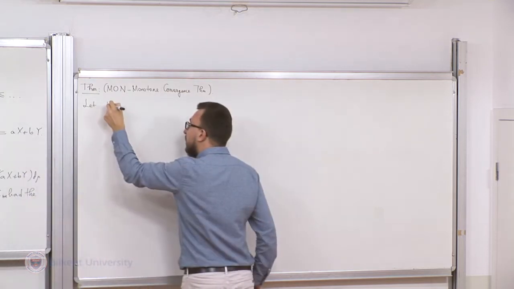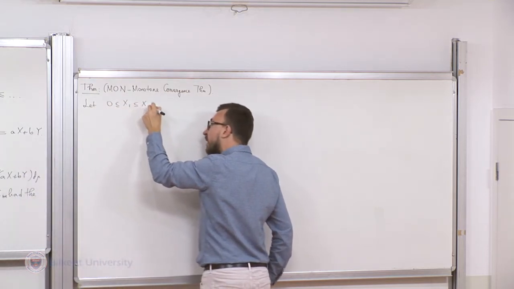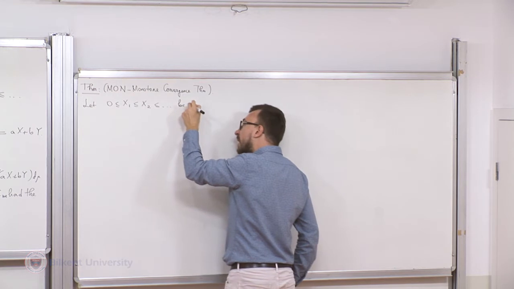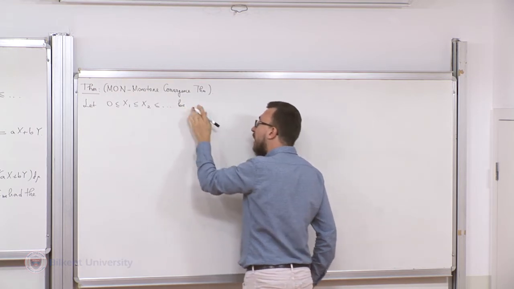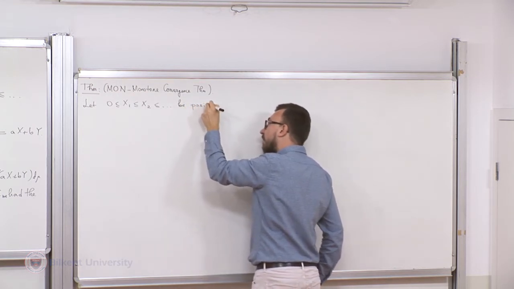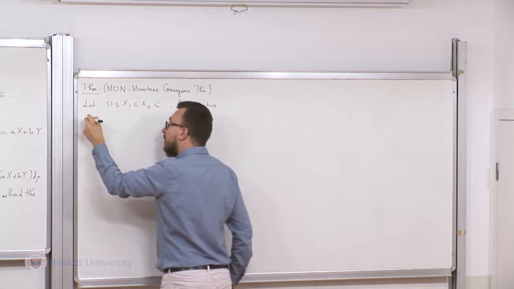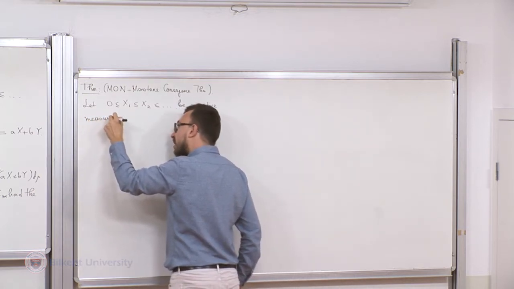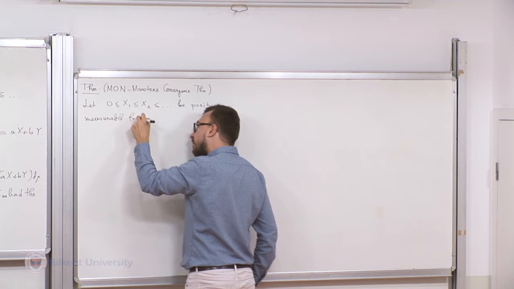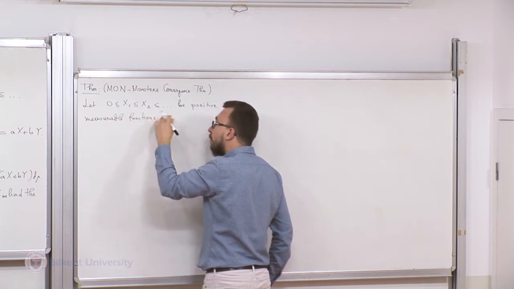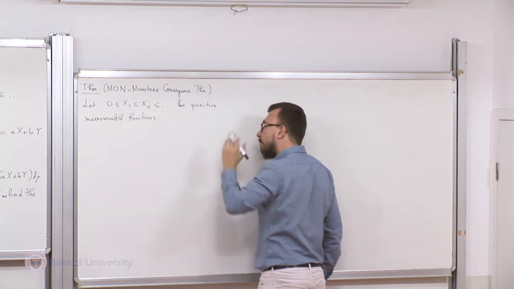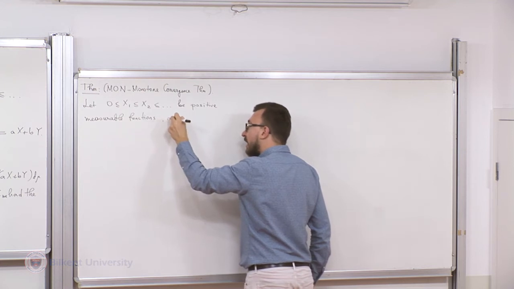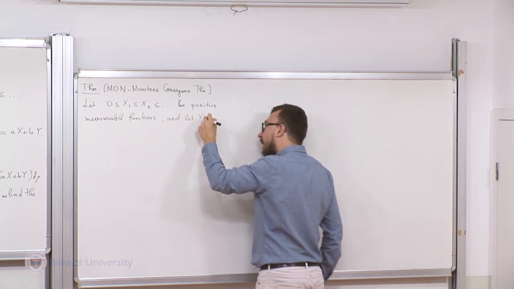Let 0 ≤ x1, x2, etc. be positive measurable functions. Of course, their limit now exists because it's monotone. And let x be their limit.